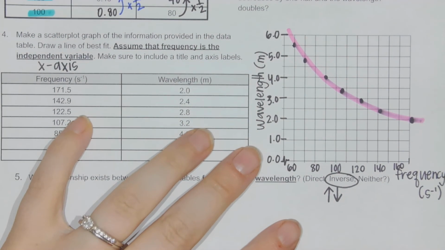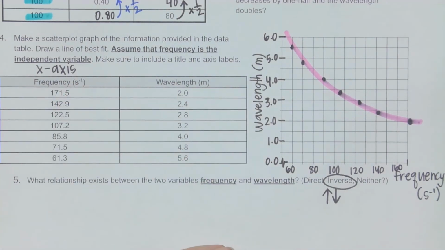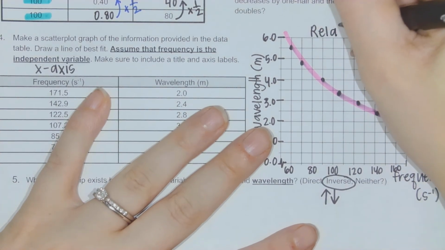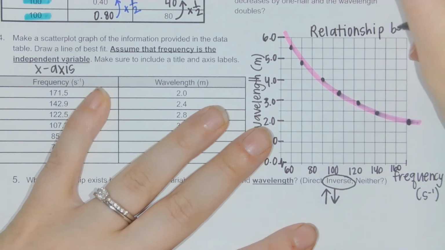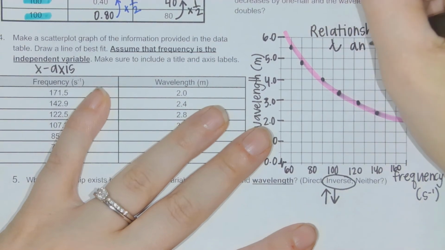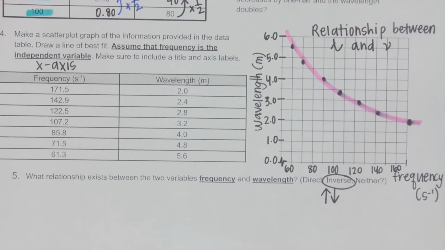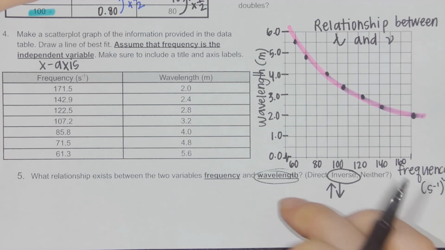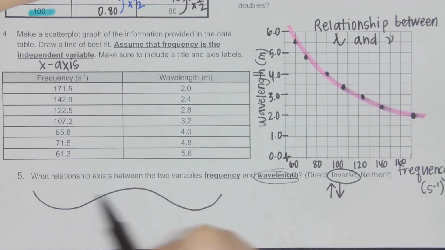So my title here is going to be, I don't know, relationship between wavelength and frequency. The answer is that it's inverse, because if I have a wave that's got really big lengths between the waves, like woof, woof, woof, wow, that is such a big wave.